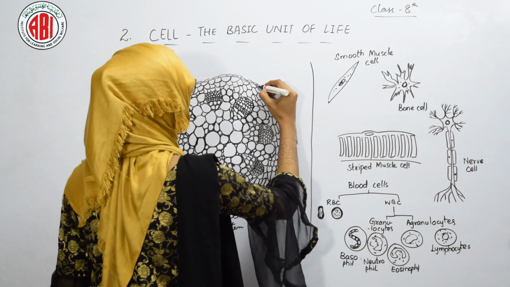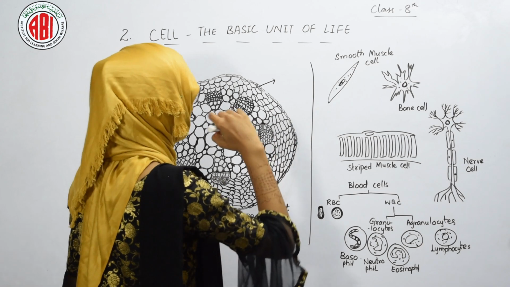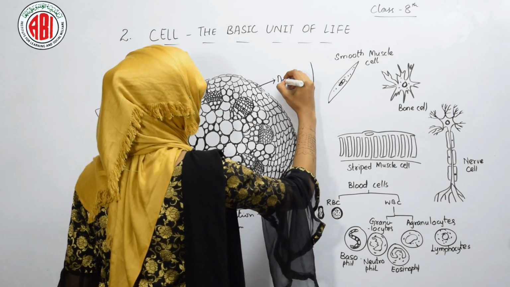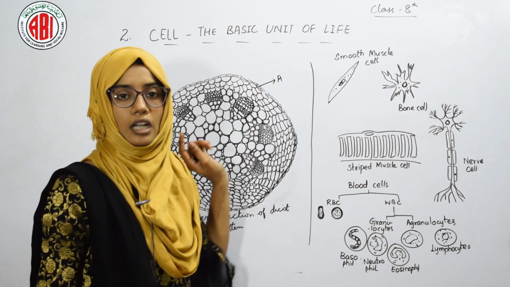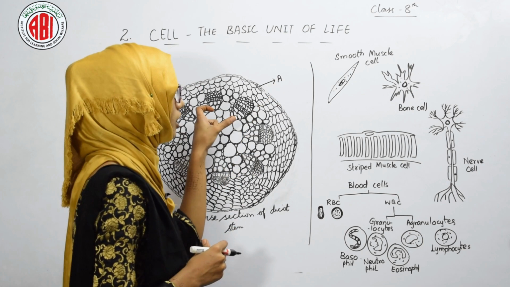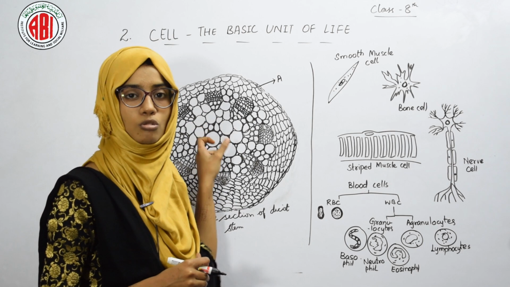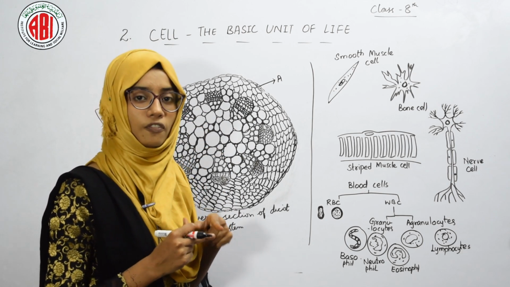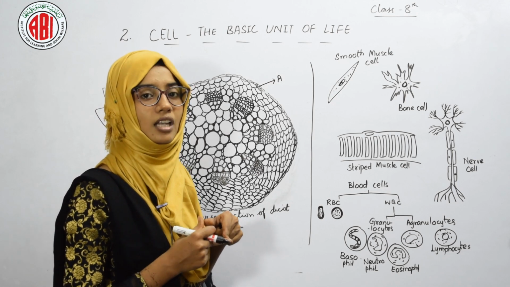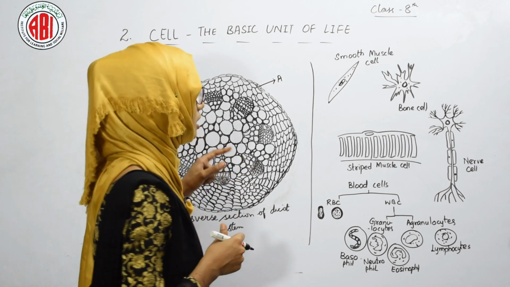So the first layer which we can see, let us represent it as the alphabet A. In class 8th, we are not going to give particular names to the different kinds of tissues. We will study the different tissues and their names in the next class, that is in the 9th standard.